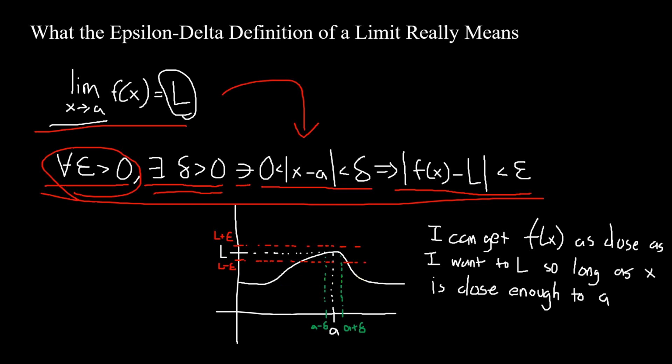So basically, if I can make epsilon as small as I want, and I can still find you a number delta, so that all the x values within a range delta around a all correspond to f of x values that fall within epsilon of L, then I really have no choice but to say that as x approaches a, f of x sure seems to be approaching L. Or, as x gets closer and closer to a, we're going to see that f of x keeps getting closer and closer to L. And basically, that was the intuitive definition of a limit that we stated earlier on in the video.